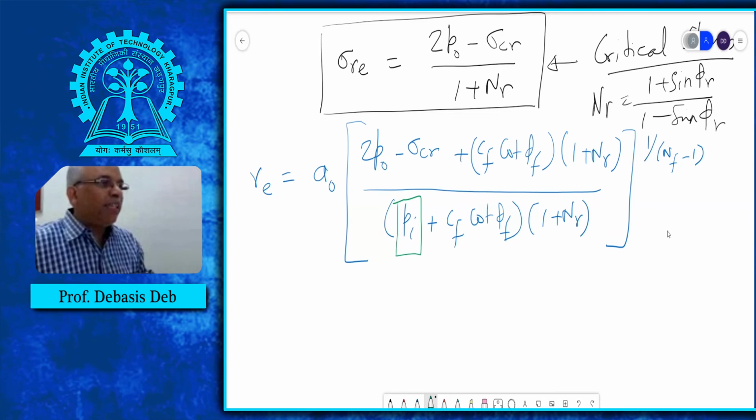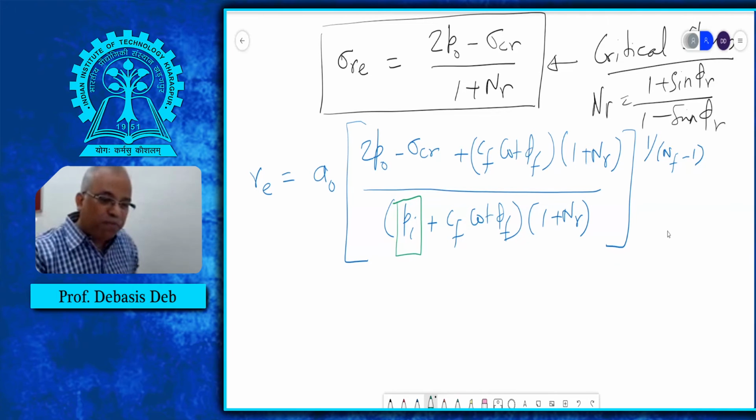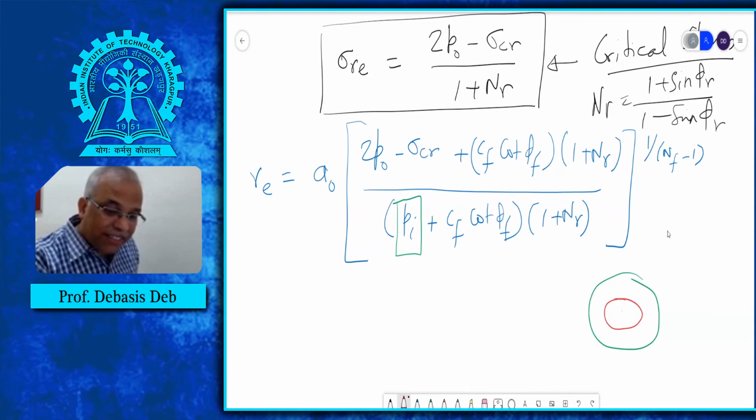So as I am increasing the support pressure, I can reduce Re. Now if I reduce Re, it means my plastic zone reduces. Okay, this is my tunnel and this is Re. So if I increase the support pressure here, I can reduce Re. That is what it is saying.